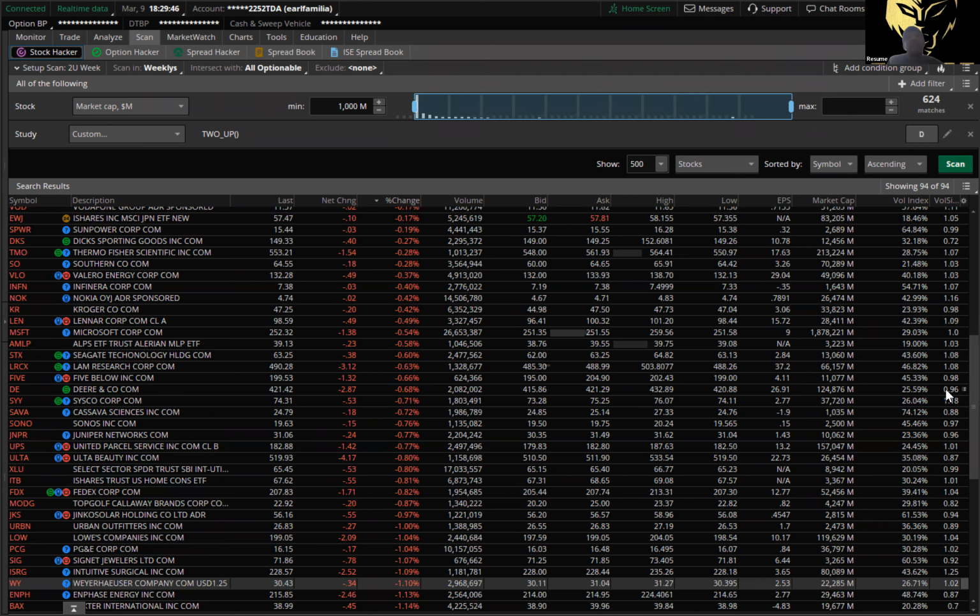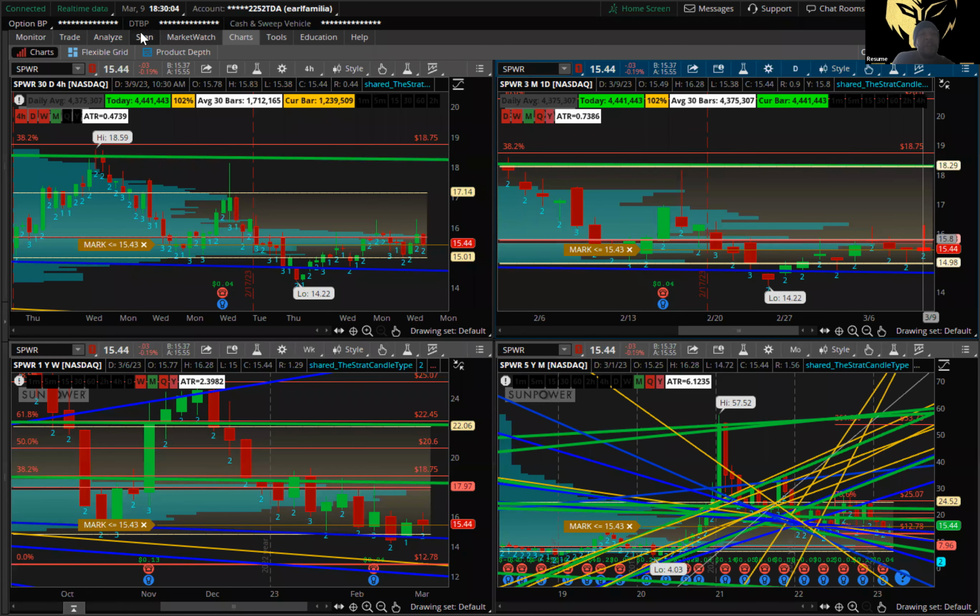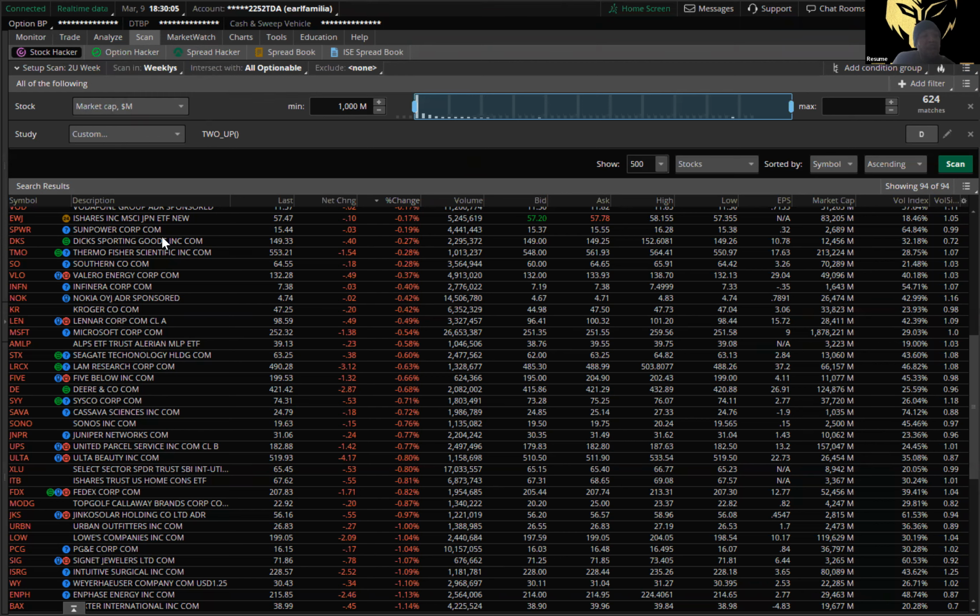I'm not seeing any bullish signals in the 4-hour time frame. We can check the indicators of the day to see those bullish signals. Before we get out of here, I want to take a look at 1 or 2 more, and then we're going to get into the chat.